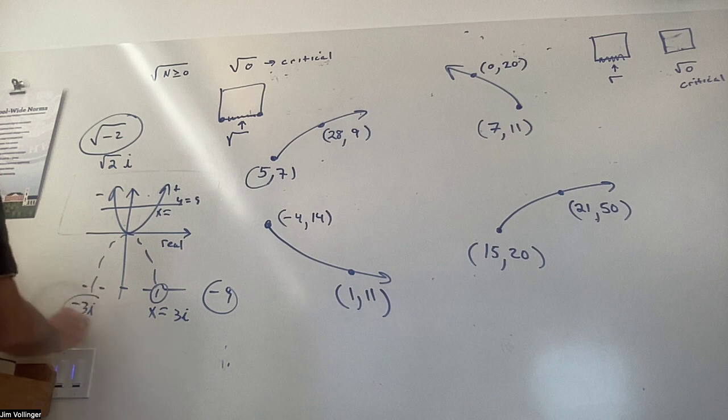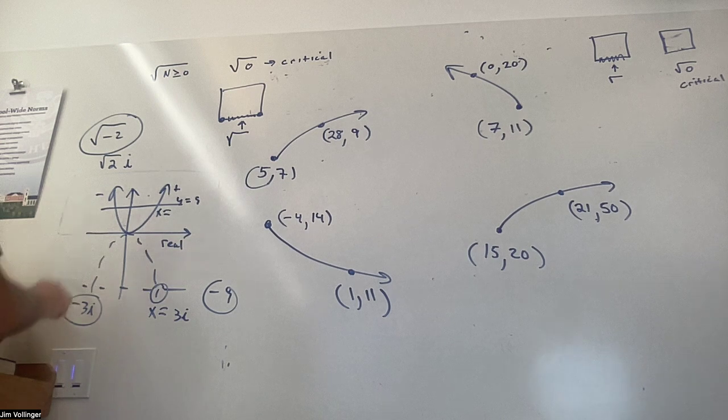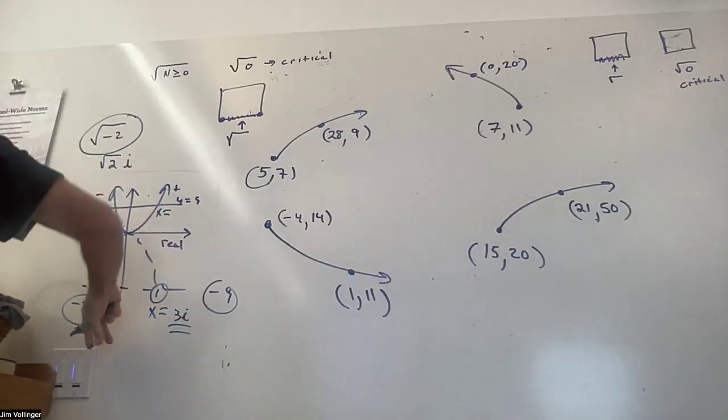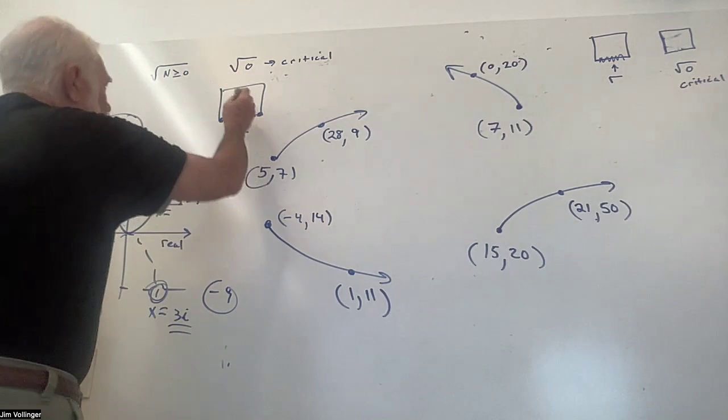And I'm not sure that the i-axis does justice to what this is all about, which is a sign change. If I change the sign of the multiplier, instead of cup shape up, cup shape down, and then we have some intersections.